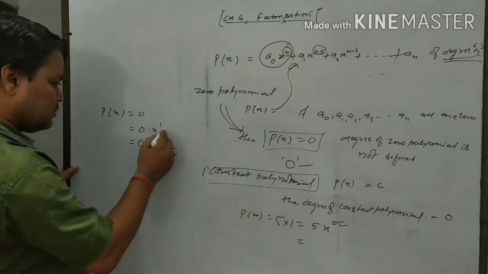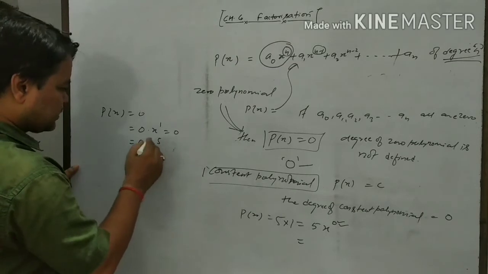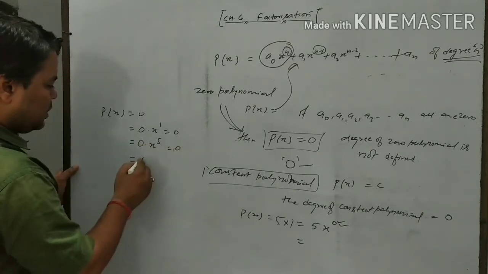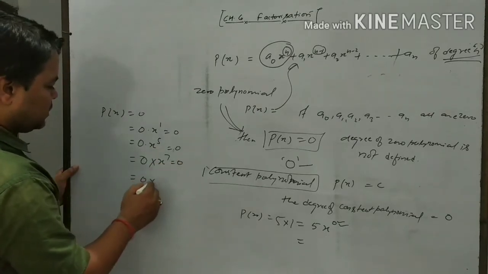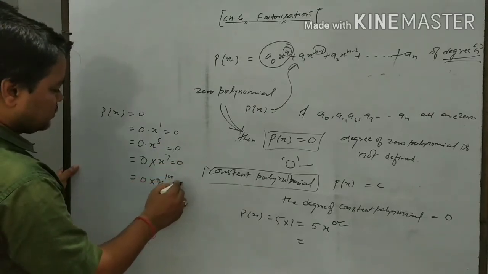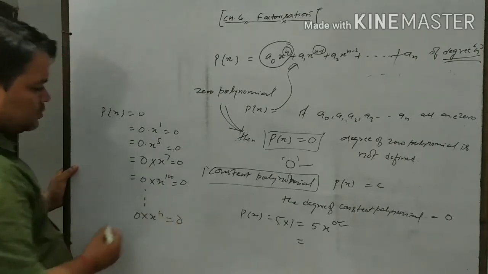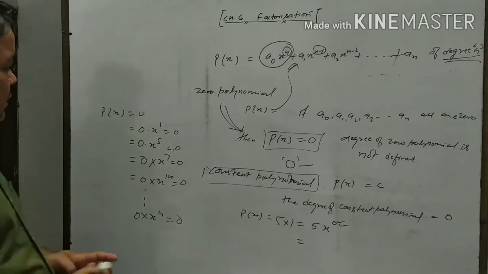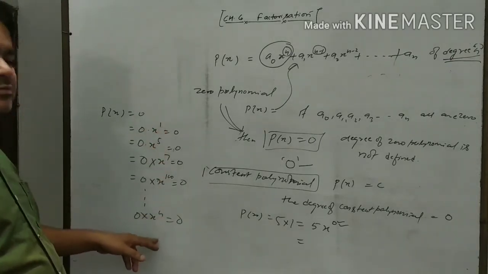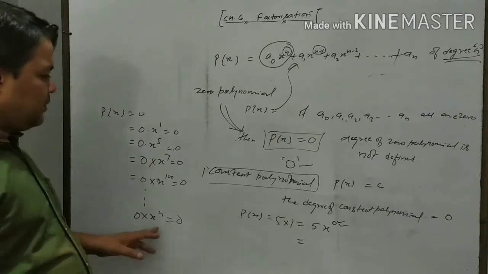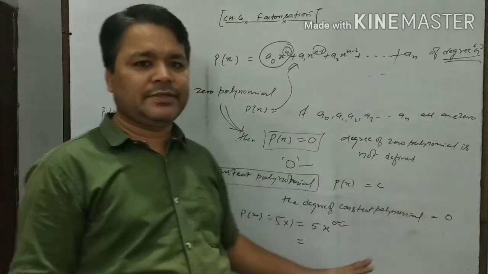It is also true for 0 into x to the power 5, 0 into x to the power 7, 0 into x to the power 100, and 0 into x to the power n. Therefore what is the degree of this? It is not fixed. Therefore we just say the degree of 0 polynomial is not defined.